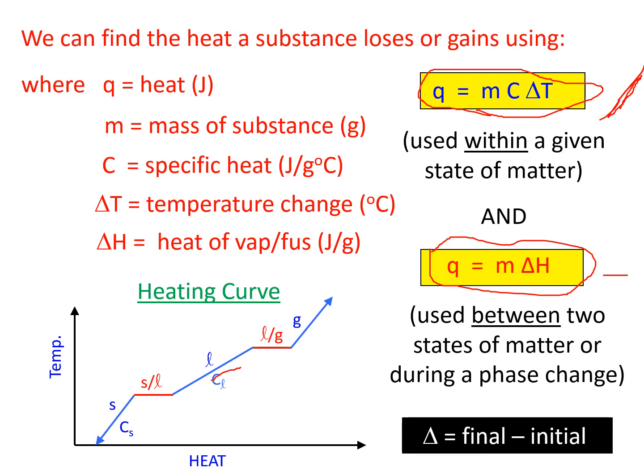You use the specific heat of the solid on the lower slanted line, the specific heat of the liquid, and then the specific heat of the gas. And the enthalpy of vaporization is what you use for liquid to gas. Enthalpy of fusion is what you use for solid to liquid.